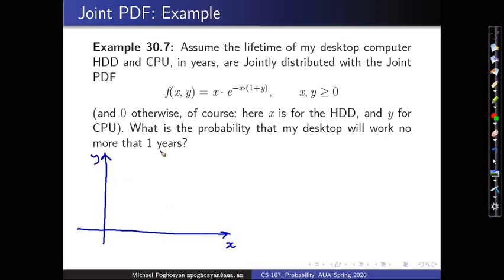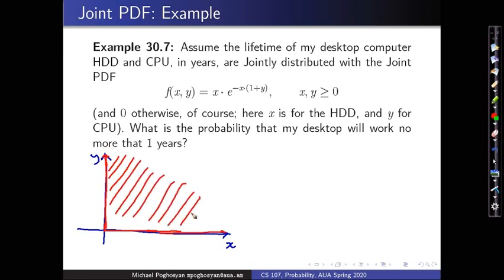My support is the set where f is non-zero. In fact, there is a mathematical definition of support: the closure of the set where f is non-zero. So this is our support, where f is non-zero, and f is 0 everywhere else. Okay.